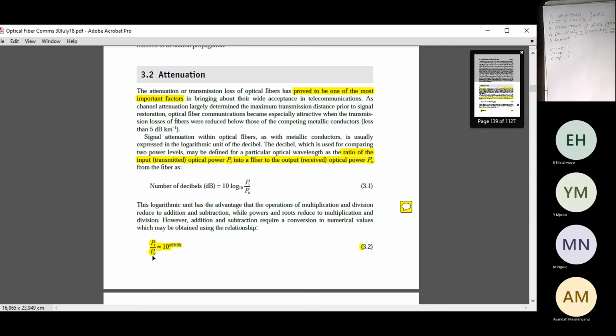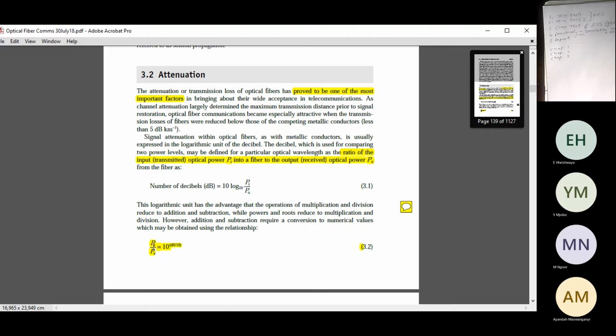Now in dBs, how it works, we can add gains in dBs, but we cannot add numerical ratios. This P in over P out, we cannot add that. So when we've got a lot of dB losses, like a 3 dB loss plus another 4 dB loss plus a 5 dB loss, the total loss there is 7 plus 5, which is 12 dBs.